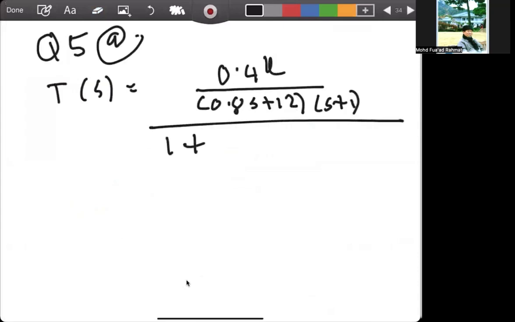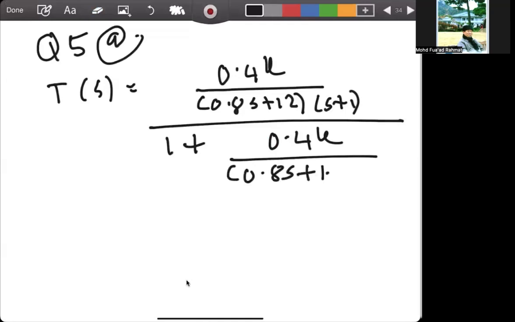One plus 1.2 over 1.2 s plus 1. Okay, simplify.